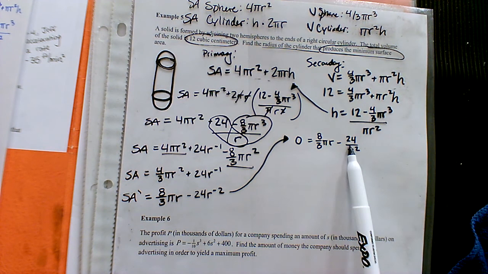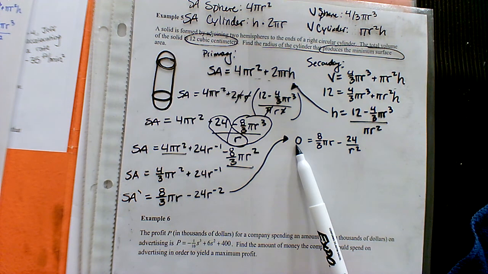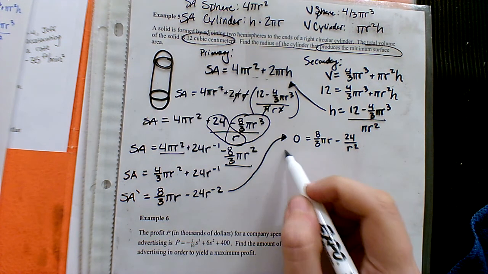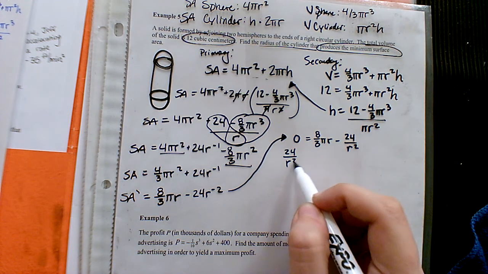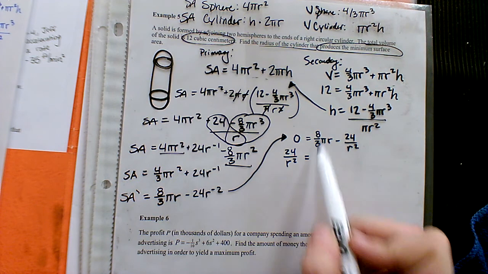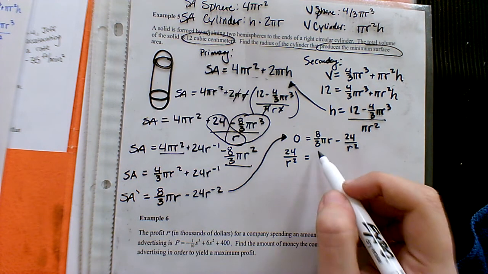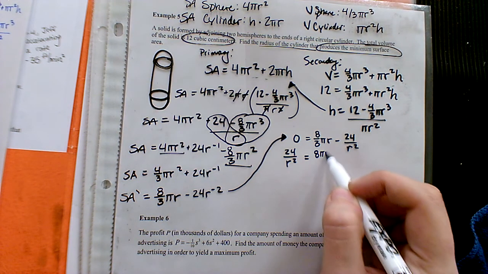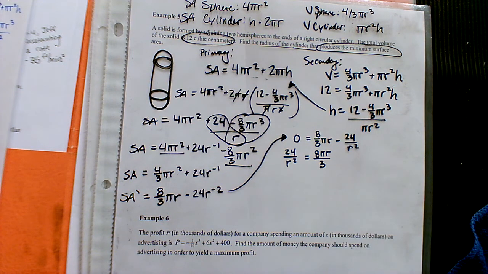Technically, we could add this fraction over. Maybe we'll do that. Now this 8/3 pi r, you can turn that into a fraction by just moving the 3 over everything. What can you do if you have two fractions equal to each other?